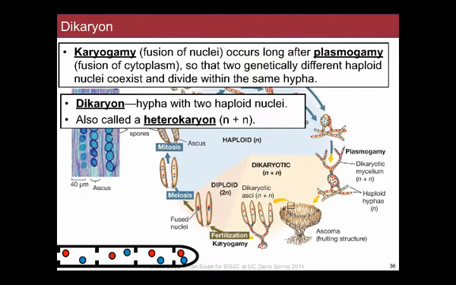In other fungi, the nuclei and the plasma membranes basically fuse at the same time. So this whole lineage of fungi has added an extra stage to its life cycle by separating out the stages when plasma membranes fuse versus when the nuclei fuse.